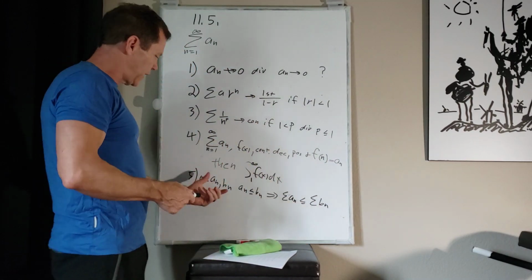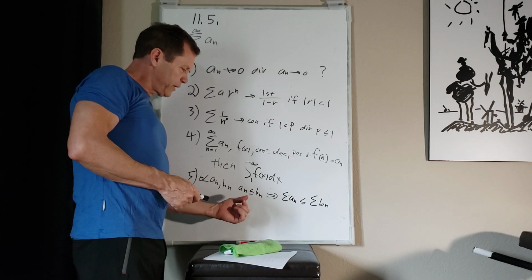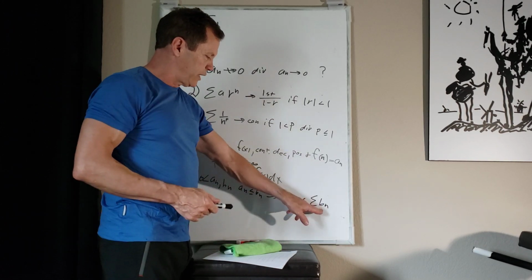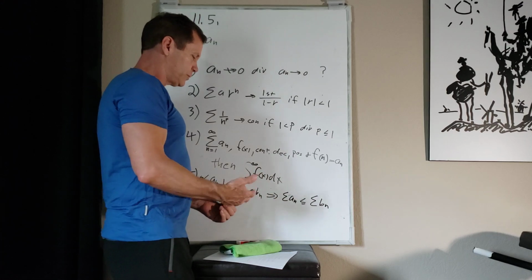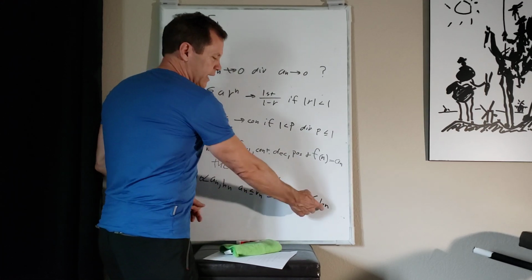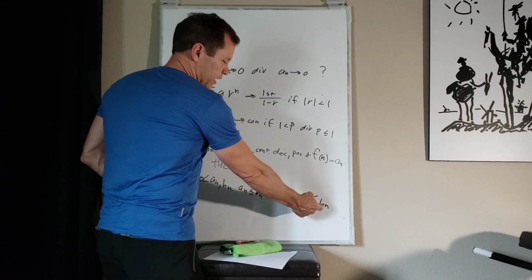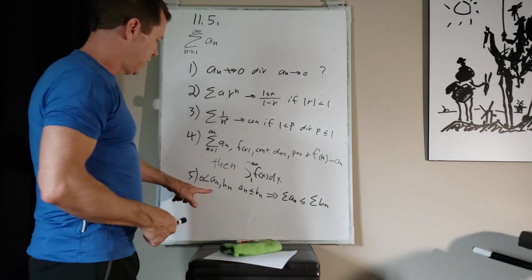So if this sequence is always bigger than that sequence, then this sum is always less than that sum. If you know that the smaller one blows up, then the bigger one has to blow up. If you know that the bigger one converges, then the smaller one has to converge. And that's the comparison test.